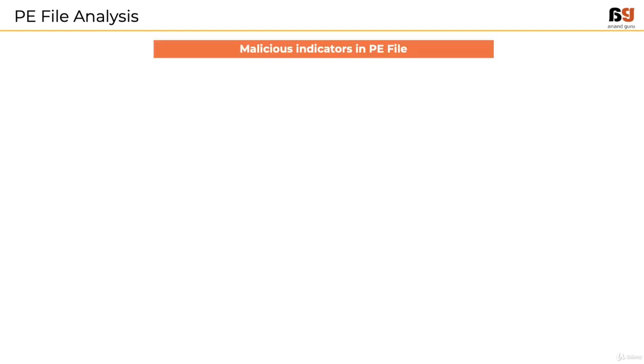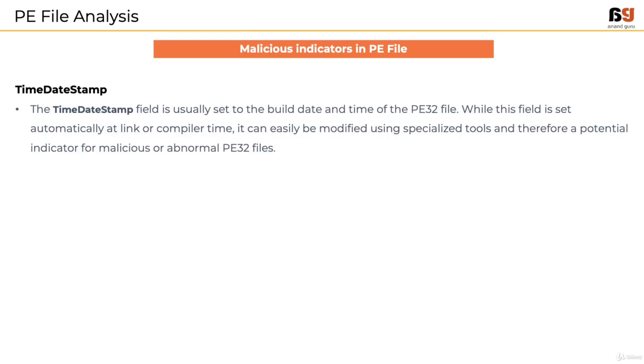Next phase of analysis is to look into the details of the PE file. We have already learned a few things about PE file structure. Let's use the knowledge in understanding the malicious indicators in the PE file. First, we will look at the time date stamp. This is the date and time when the file was built or compiled.